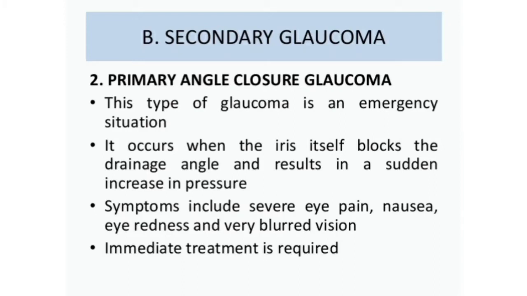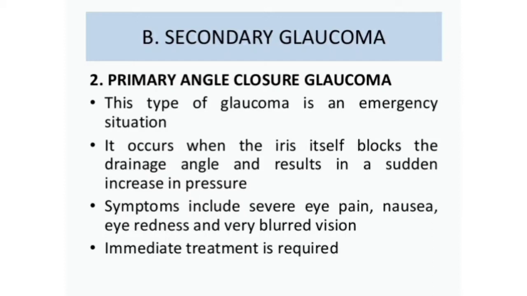Now let us learn about ACG, angle closure glaucoma. It can be called AACG, that is acute angle closure glaucoma, or primary angle closure glaucoma, PACG. So this is actually a glaucoma emergency condition.